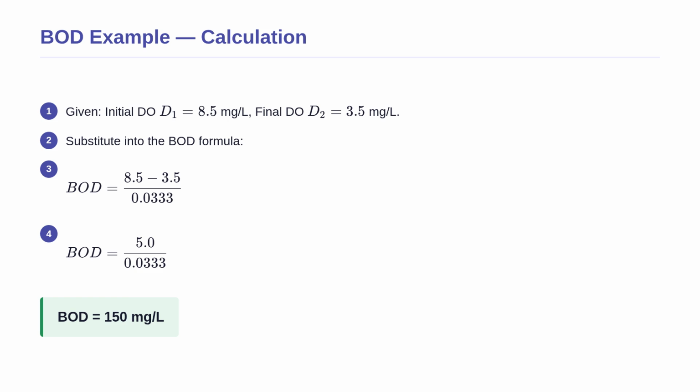We subtract the final oxygen from the initial oxygen to find that 5.0 milligrams per liter were consumed. Dividing this consumed oxygen by our dilution fraction of 0.0333 scales the result back up. The final answer is 150 milligrams per liter, meaning dumping this raw wastewater directly into a river would instantly strip the water of all its oxygen.